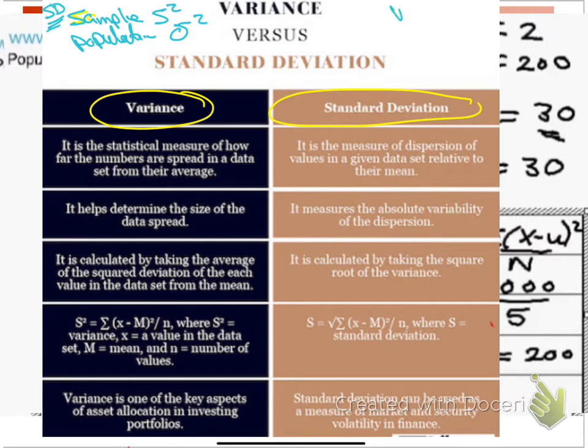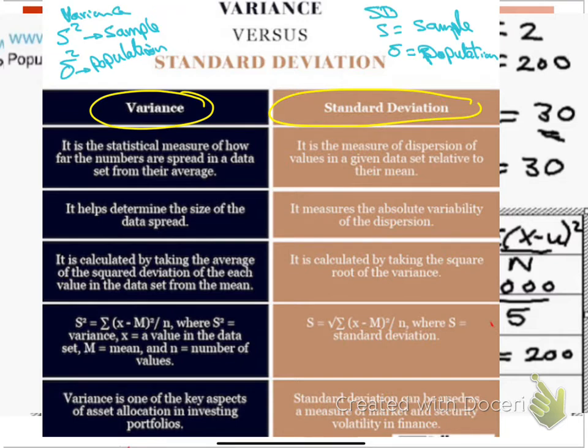If we are talking about the variance, let us write it the other way around, because here the standard deviation is on the right side and the variance on the other side. So in the case of the variance, it is always squared. In the case of a sample, we call it S square, and in the case of a population, we call it sigma square.